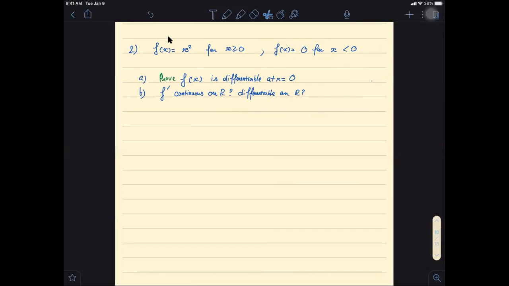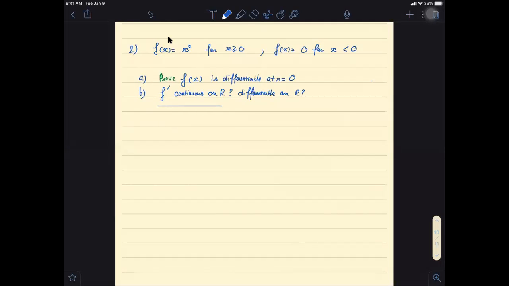Okay, this one: f of x equals x squared for x greater than 0, and f of x equals 0 for x less than 0. So you want to prove f of x is differentiable at x equals 0, and you want to answer this question: is f prime differentiable on R?